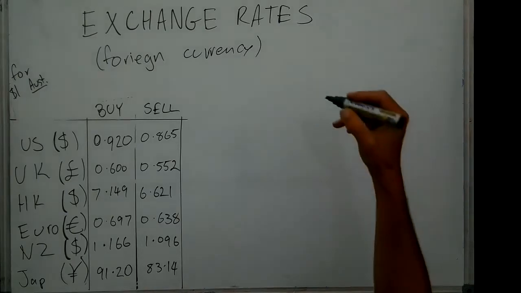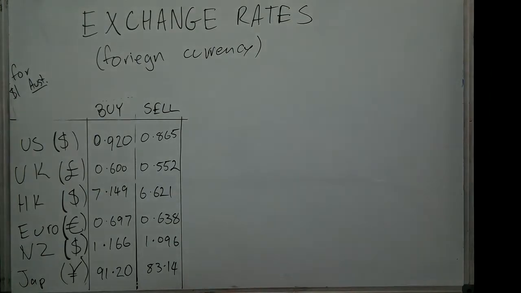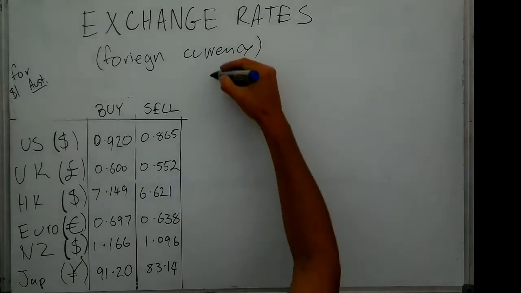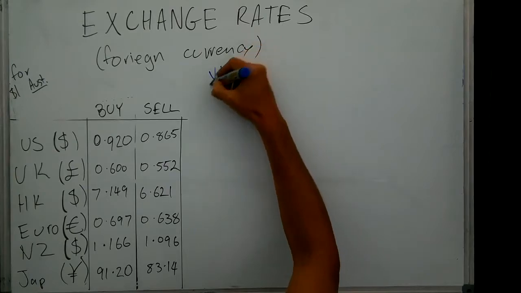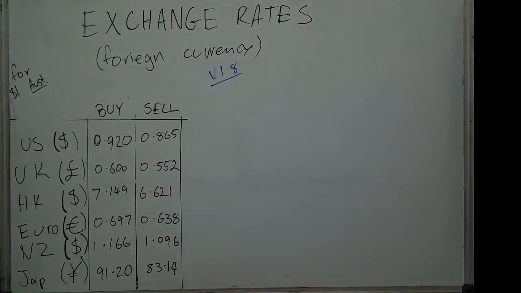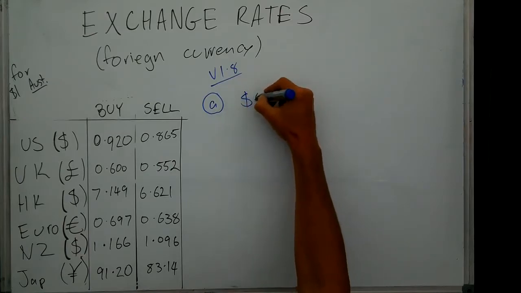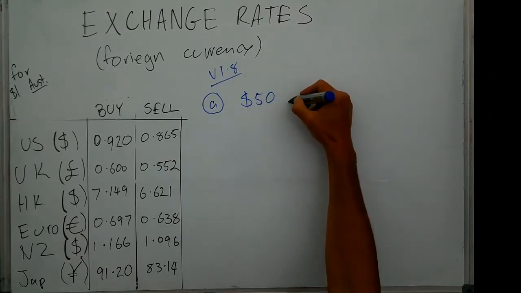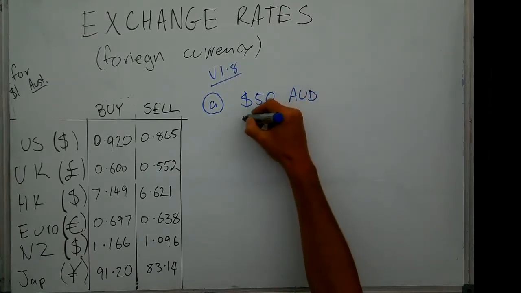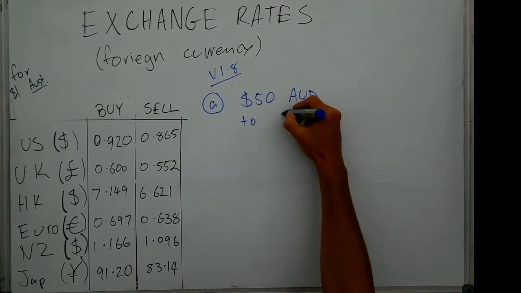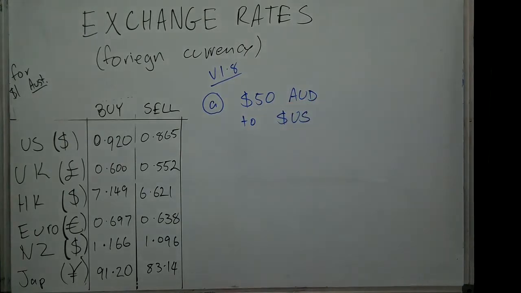Okay, so these examples, let's do them in order. This is the 1.8. So use the previous table to change, first one, $50 Australian to US dollars.